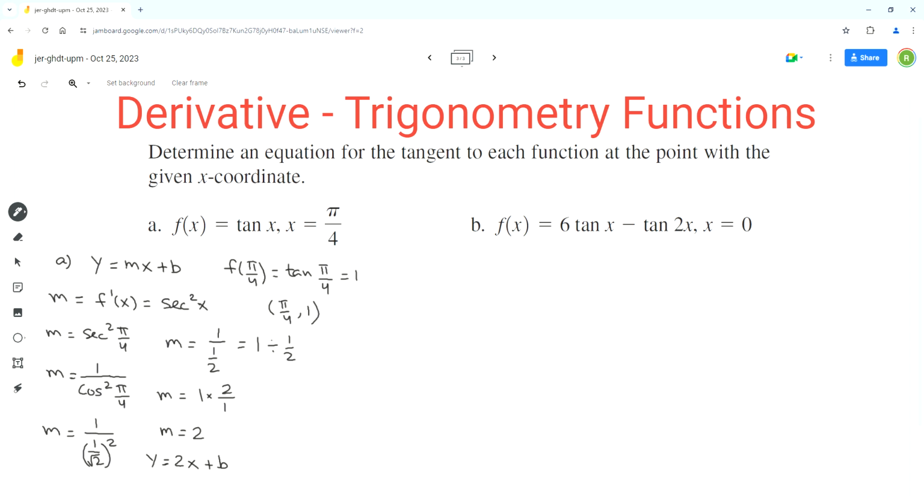Now we can sub in this point in the tangent equation as x and y, because this point is where the tangent touches the function, so this point also lies on the tangent. So we'll sub in x as pi over 4 and y as 1.